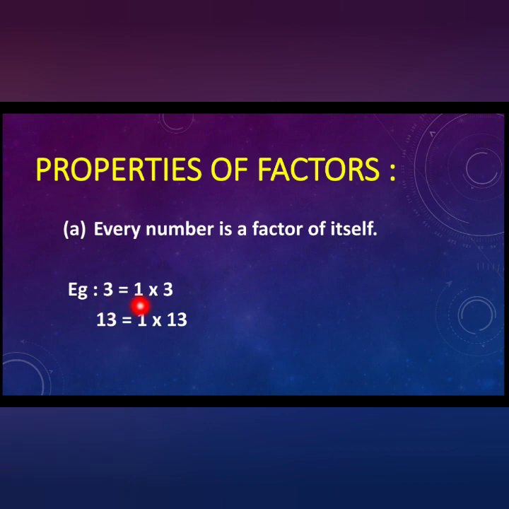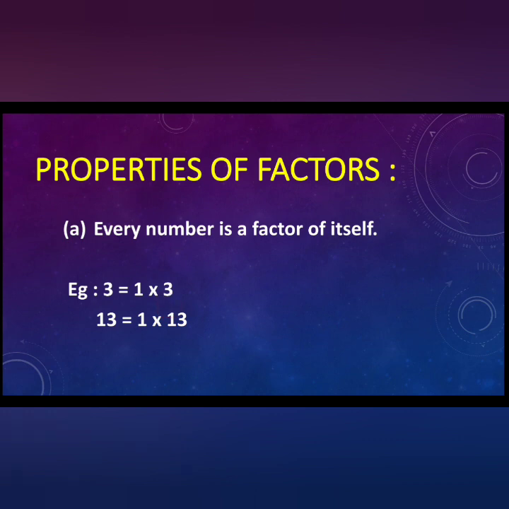The numbers which, by multiplying, we get the product, they are called factors, right? So, this 1 and 3 are called factors of 3, okay. So, in the factors of 3, 3 itself is there, which is the greatest number among all the factors of 3, right.